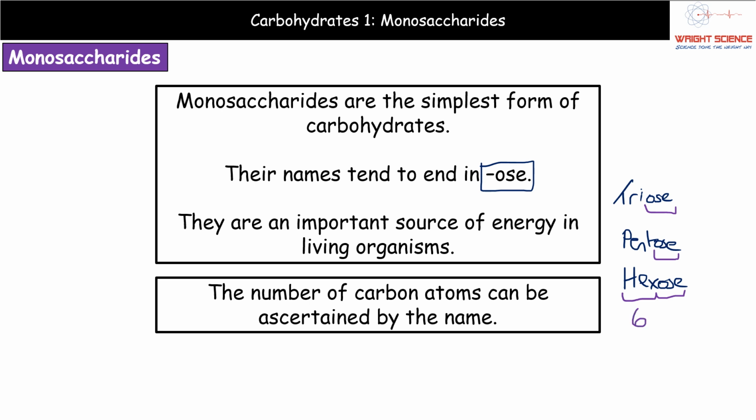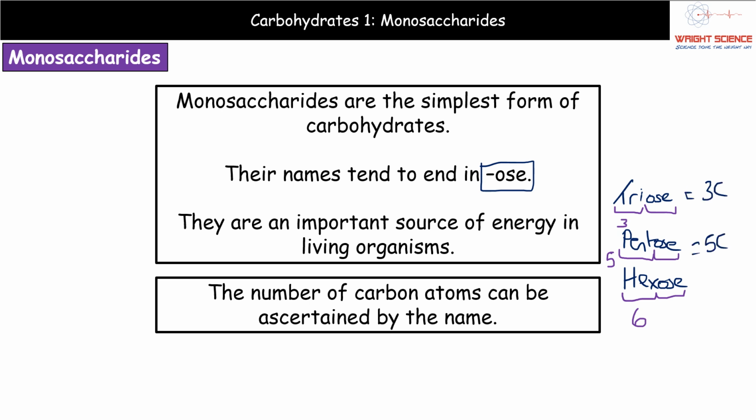That just means 6. Pent, again, from everyday life, hopefully we know that pent means 5. And tri is 3. You can go to your maths knowledge here: triangle, pentagon, hexagon. The same numbers, the same prefix there. So triose is a 3-carbon sugar.